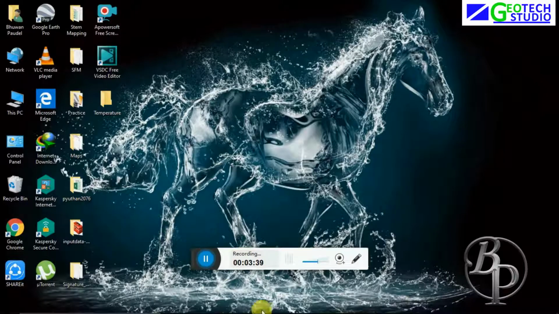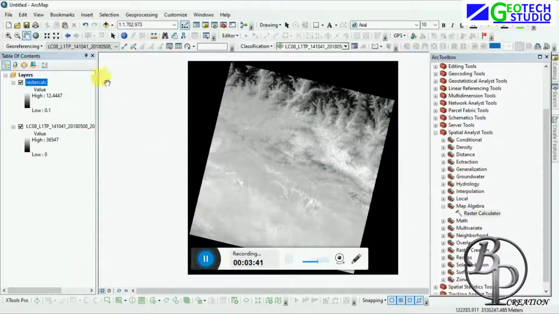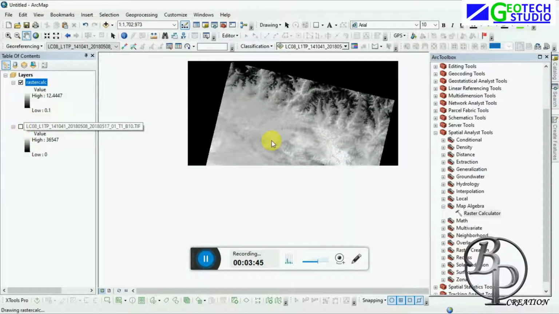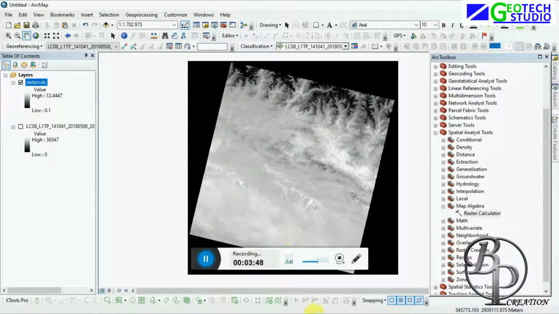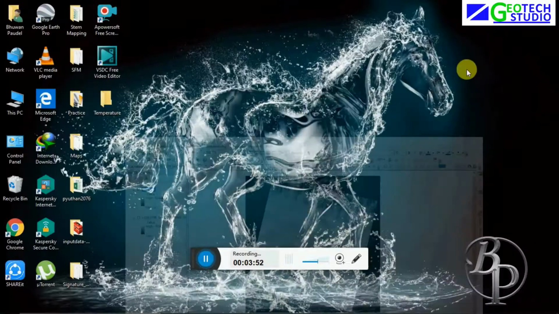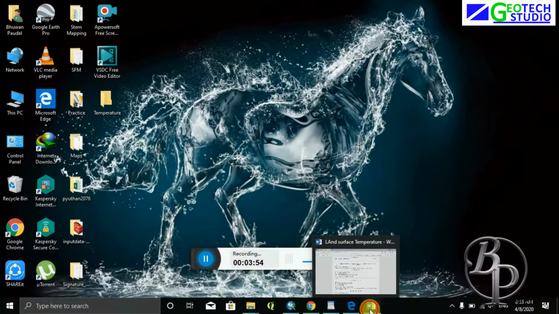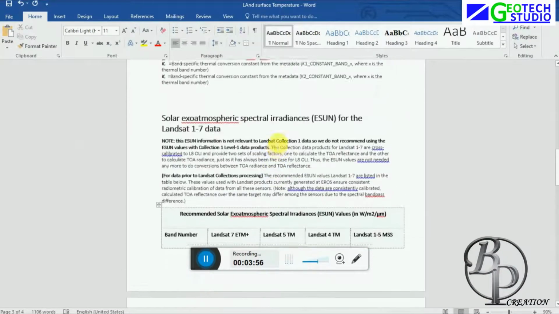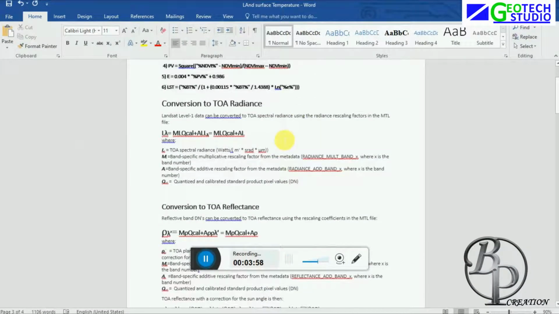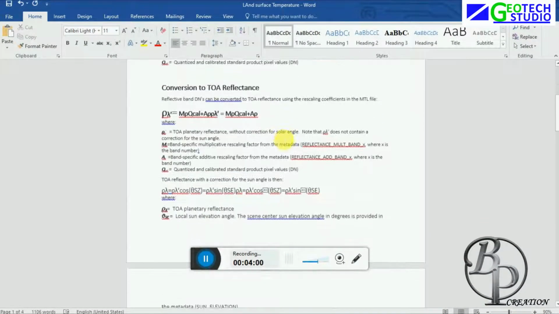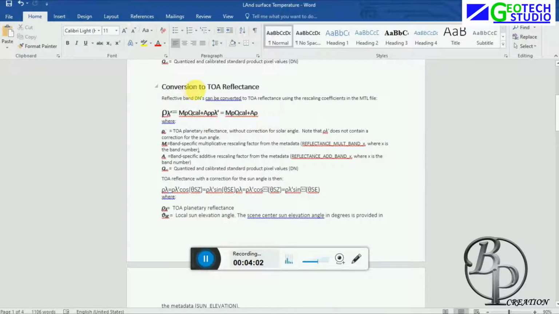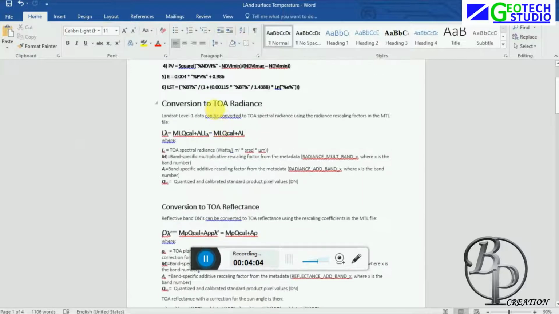Now we have to calculate the conversion to top of atmosphere brightness temperature. For that we have to use the formula that I am showing you in this code file. Oh sorry, it is conversion to TOA reflectance.